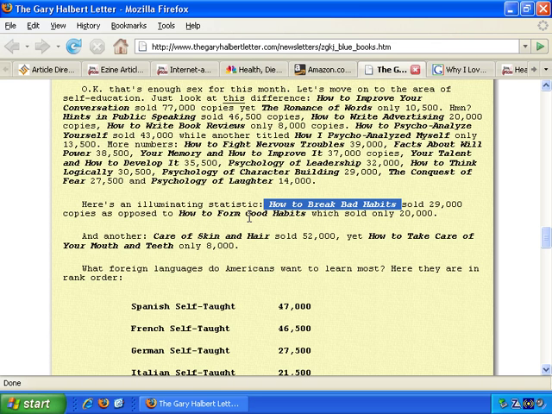That's called the echo effect. When you publish an article on eZine Articles, for example, and someone visits eZine Articles, reads your article, and decides to publish it on their own site, and then someone else does it, and somebody else does it, that's called the echo effect, because the effect your article has sort of echoes around the internet, so to speak, if you see the analogy.